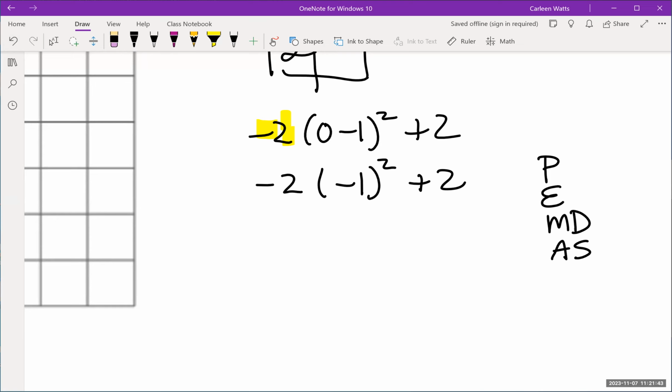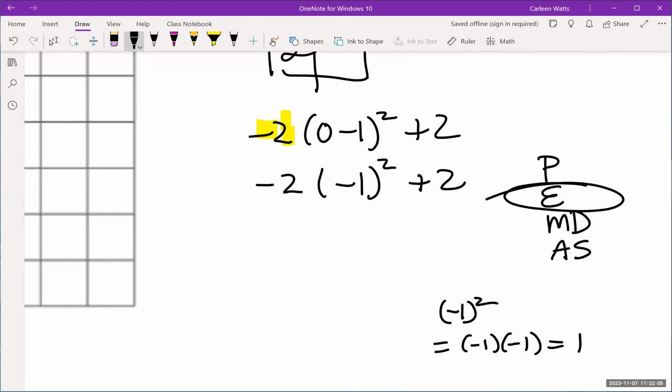So before I try to cancel, what am I going to do first? Multiply what? Exponent, right? You're going to do the exponent first. So what is -1 squared? That's -1 times itself.